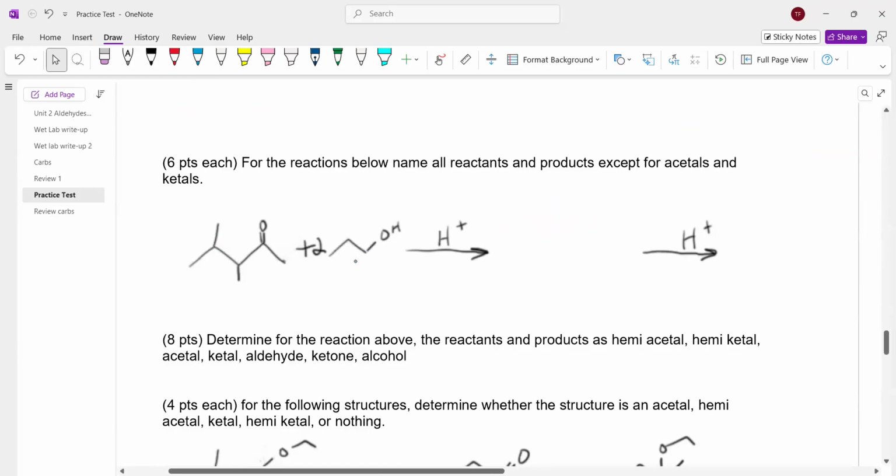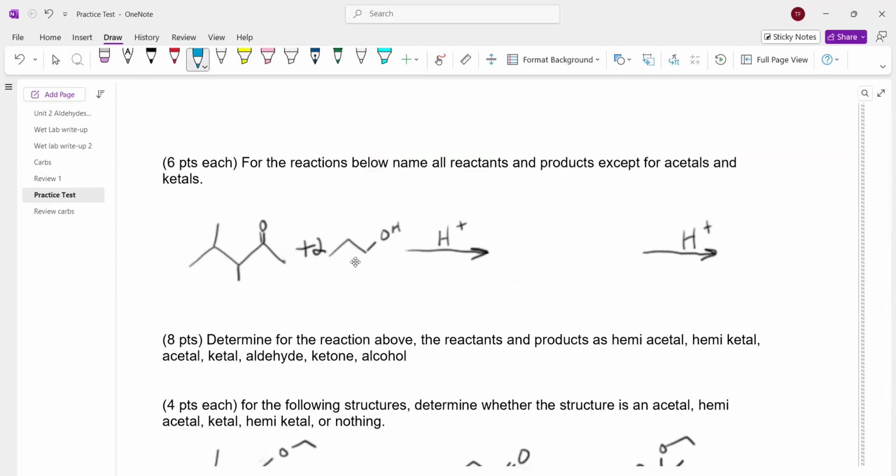All right, let's look at this reaction here. We've got a ketone and an alcohol together. Those can react. So this would be a ketone: 1, 2, 3, 4, 5. So this would be a 2-pentanone.